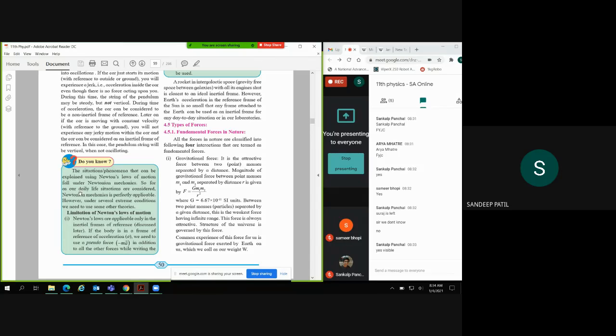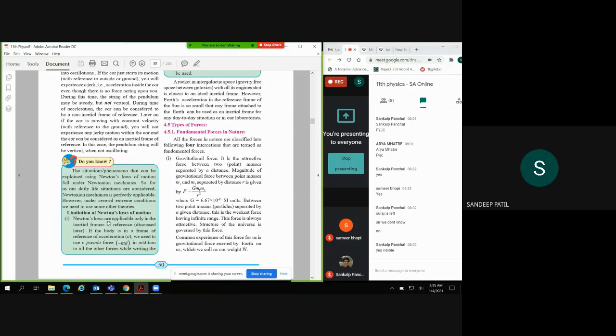As far as our daily life situations are considered, Newtonian mechanics is perfectly applicable, like how a fan rotates or what the forces are. Those things we can easily explain by Newtonian mechanics. However, under certain extreme conditions, we need to use other theories. So there are limitations on Newton's laws of motion. Newton's laws are universal, but in one way they have limitations also.